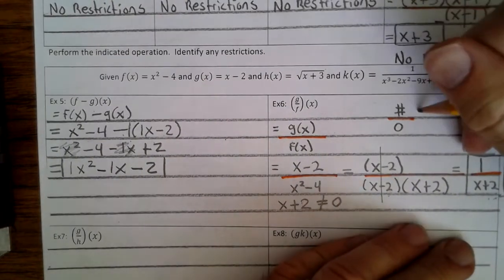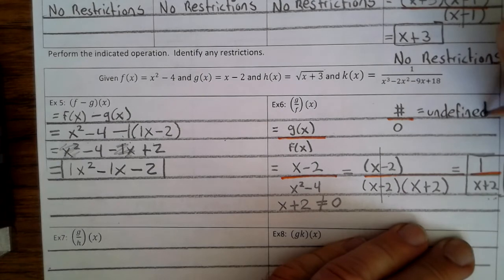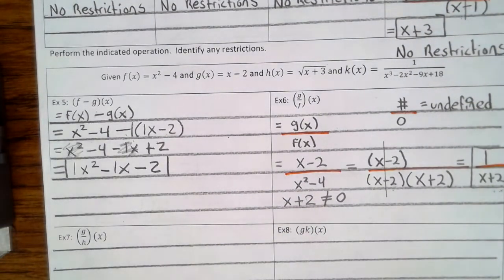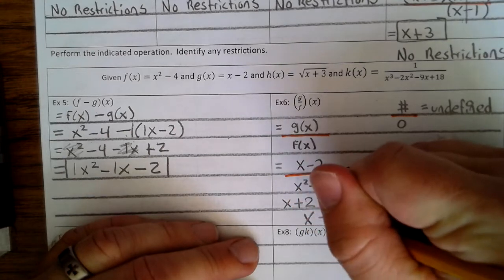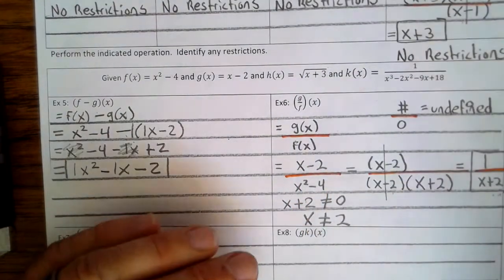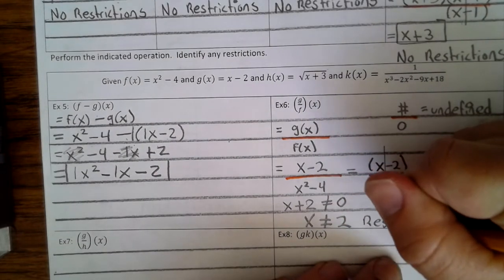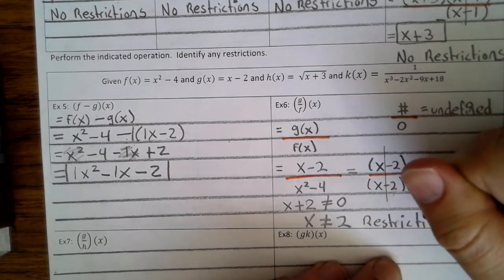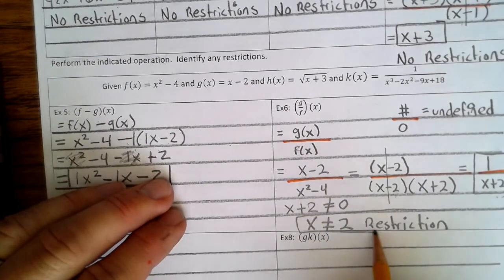Okay, so we subtract 2 from both sides, so we know our restriction is x does not equal negative 2. Okay, so go ahead and finish up example 6. All right, now let's take a look at example 7.